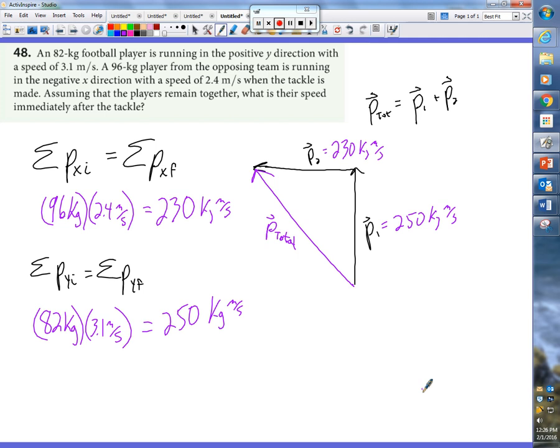So when we do that, it's 250 squared plus 230 squared, about 340. Just write that out here. Once we do Pythagorean, it would be 250 squared. That's how we find the magnitude. 340 kilogram meters per second.